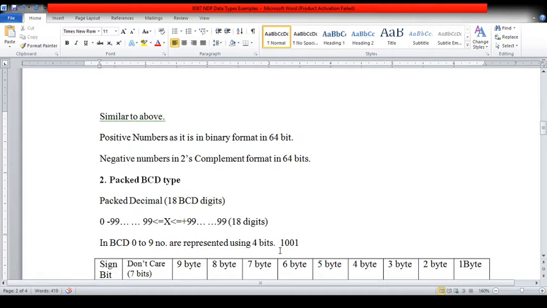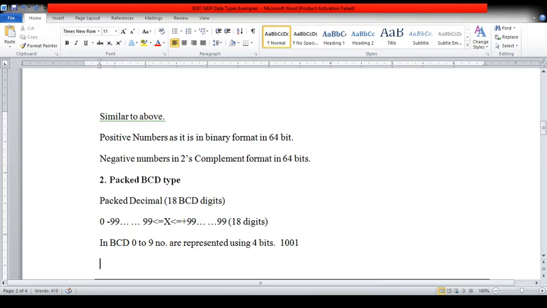If I'm using a complete byte to represent 2 BCD digits, then this format is called packed BCD format. Whereas in case of unpacked BCD format, only a single digit is represented in each byte. That is, if I want to represent BCD 99, in case of packed BCD I can use the complete 8 bits, and 1 byte is sufficient for the representation of 99.